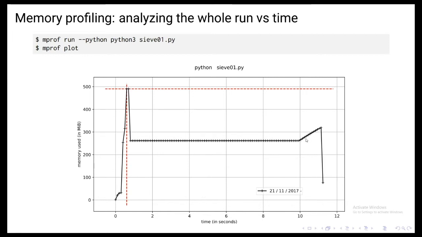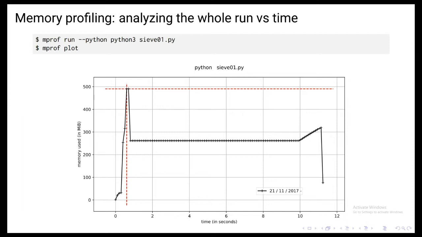Then at the end we have a small increase, and we can see that this matches the size of the array. This is the part of the return, the list comprehension returning the true values of my array. So it's actually allocating in memory the small array with the reduced amount, only the primes that I'm going to return, and then the code is done.